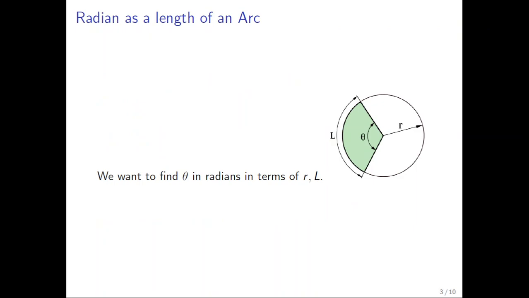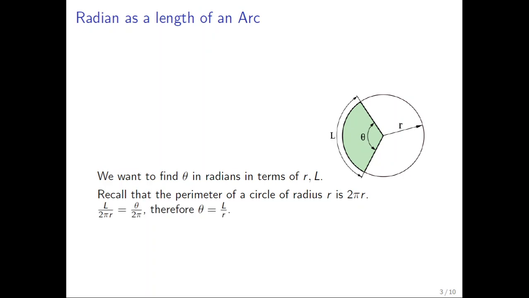Radian is closely related to the length of an arc. For instance, let's calculate theta in terms of r and l in this figure. Recall that the perimeter of a circle of radius r is 2 pi r.